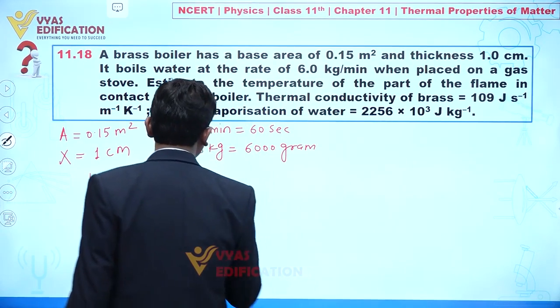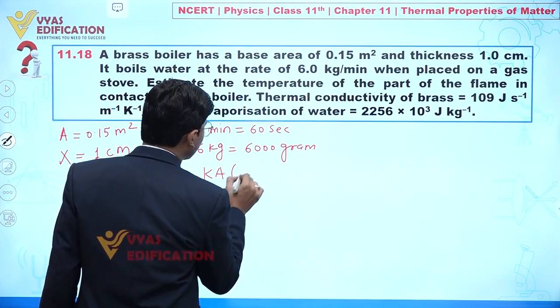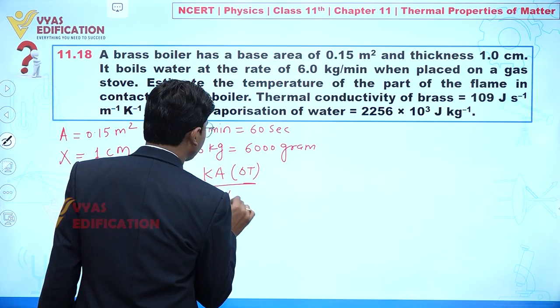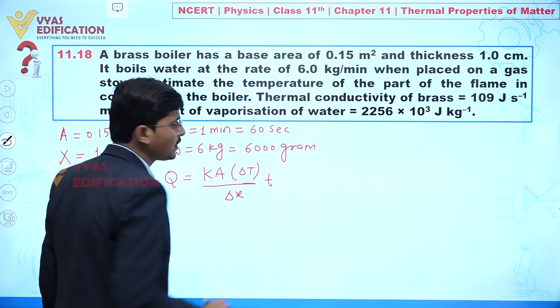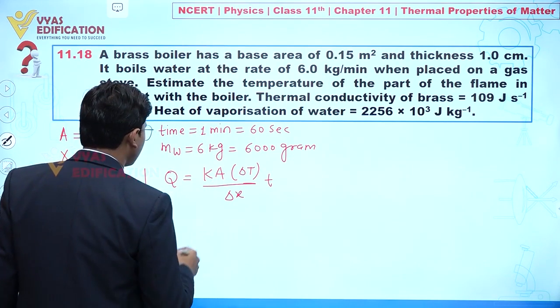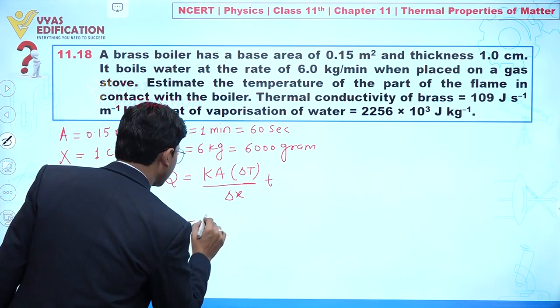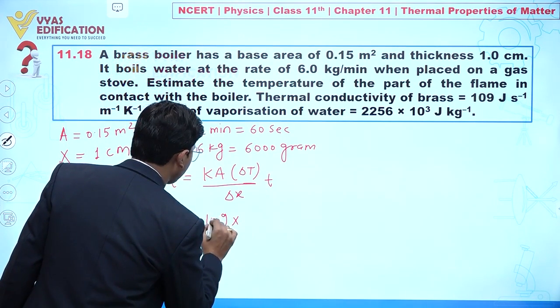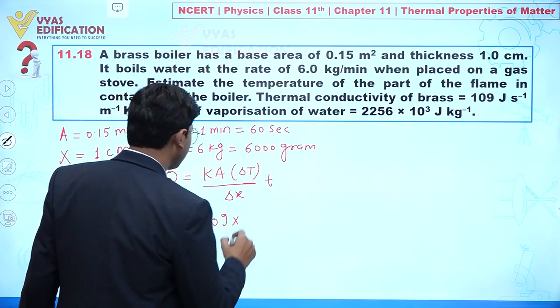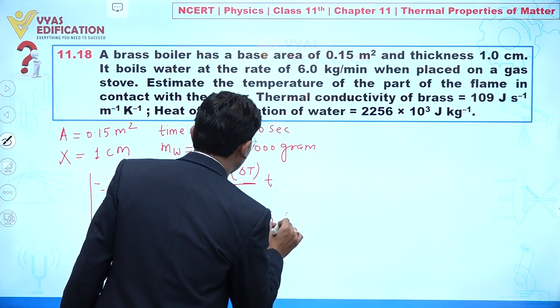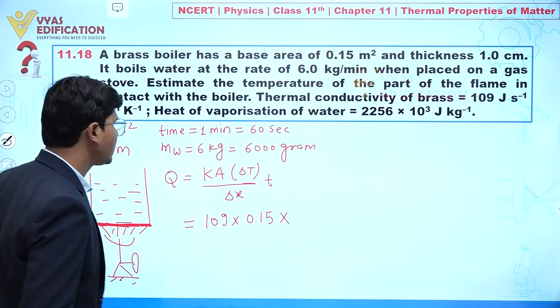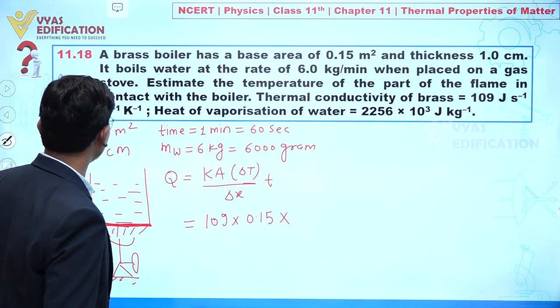So we can write like this: Q equals K A delta T divided by delta X, multiplied with time t. The value of K, the thermal conductivity, is given as 109. Area is given, 0.15, multiplied with delta T, the temperature difference.